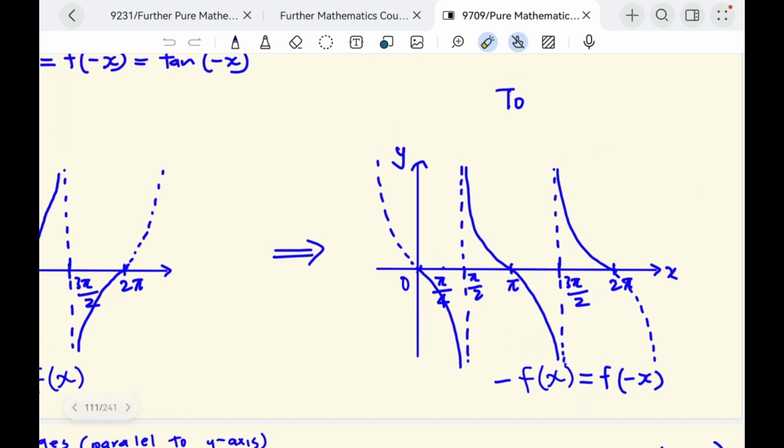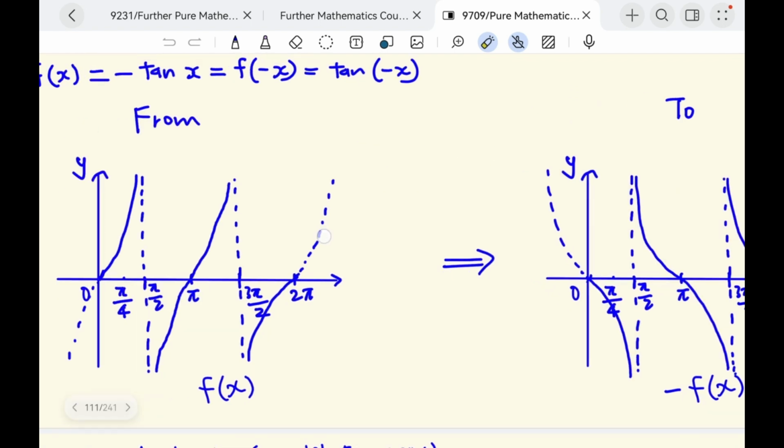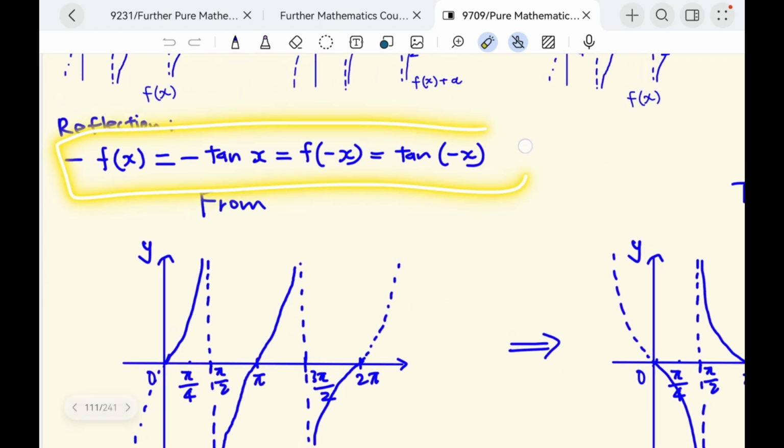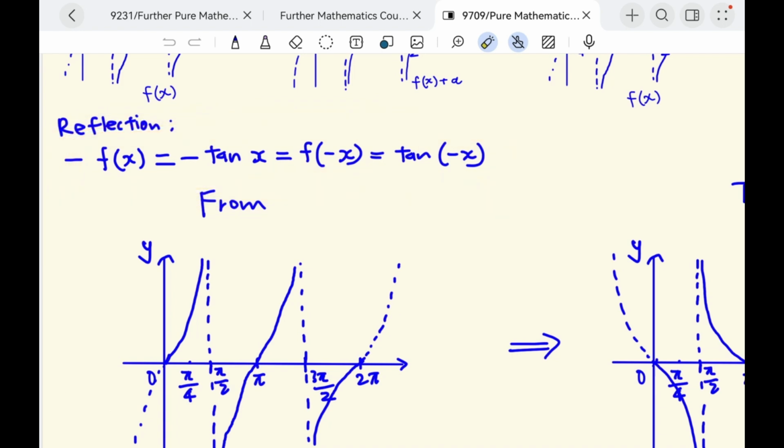Okay, because we want to reflect the domain, right? Positive becomes negative and negative becomes positive. So yeah, it makes sense. So always remember, sine function and tangent function are both odd functions because of the reflection.